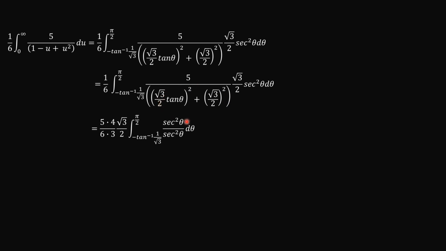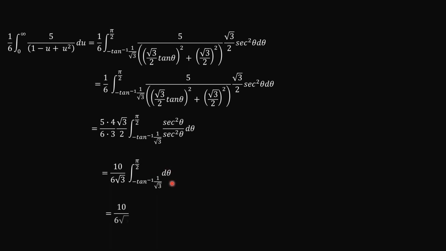The denominator, tan squared plus 1, becomes sec squared, and there's a sec squared in the numerator, so these cancel one another, and we have 10 over 6 root 3 times the integral of d theta.